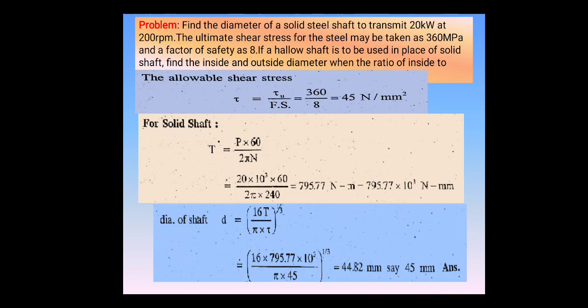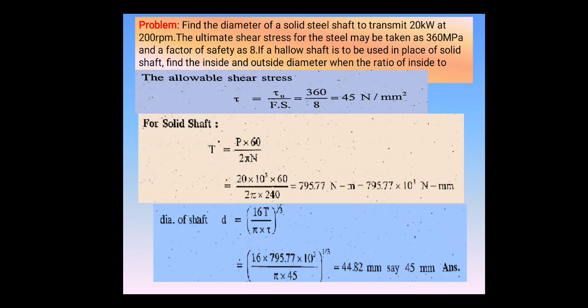Find the diameter of the solid steel shaft to transmit 20 kilowatt at 200 rpm. The ultimate shear stress for the steel may be taken as 360 megapascal and a factor of safety as 8.